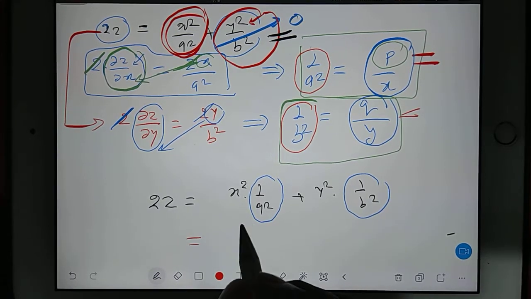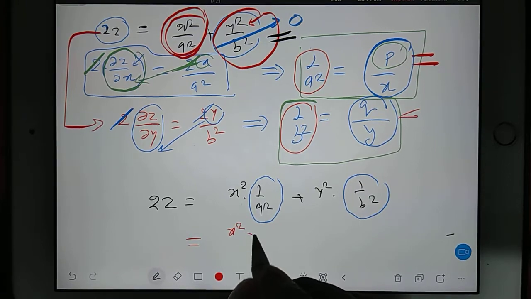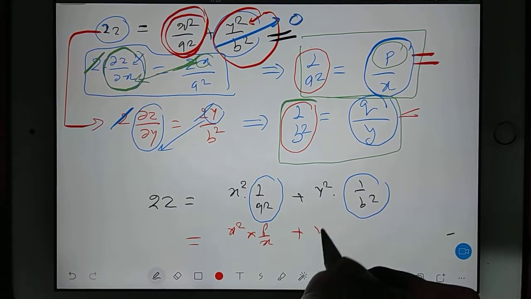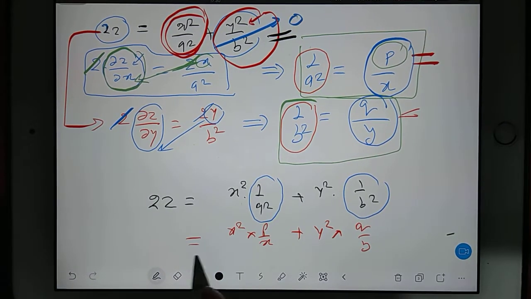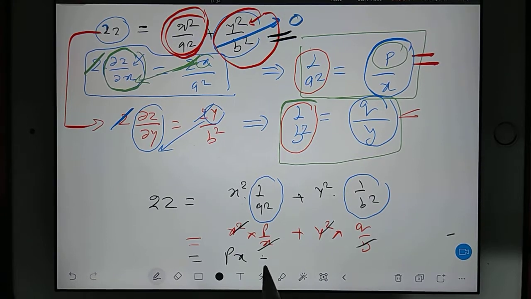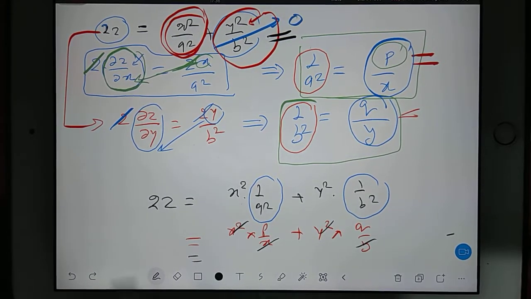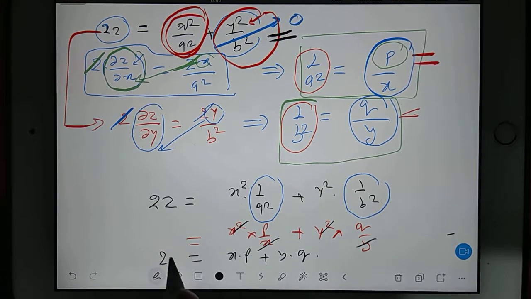If anyone is having any doubt, let me know. x square into p by x plus y square into q by y. So x and x will get cancelled, y and y will get cancelled. So I got px plus, actually we write it like this, x into p plus y into q. This is the value of 2z.